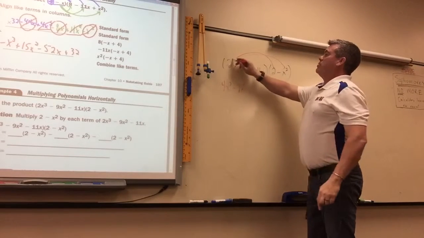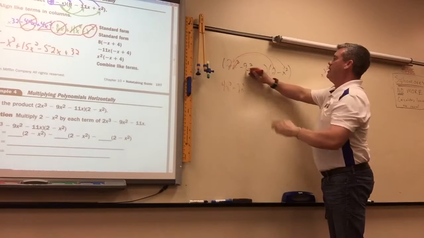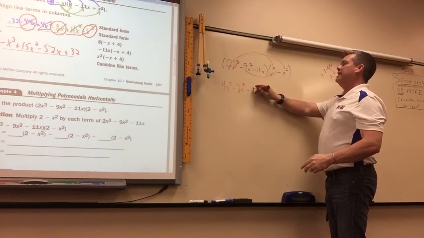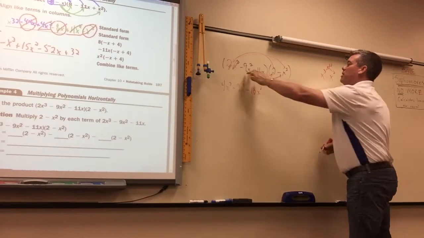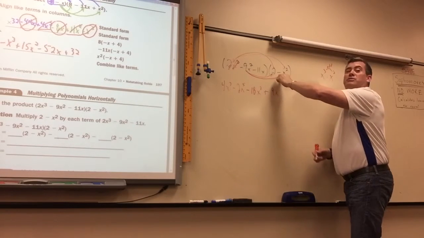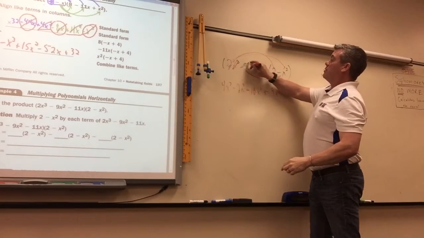So I'm done with the first term. I took that times both of these, so move on to the second. Negative 9x squared times positive 2 is negative 18x squared. Negative 9x squared times a negative makes a positive 9x to the fourth, because 2 plus 2 is 4. You're done with that one.